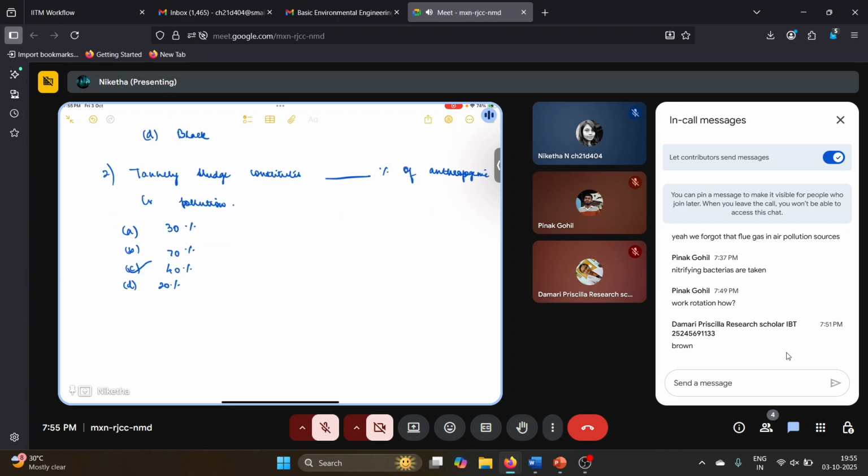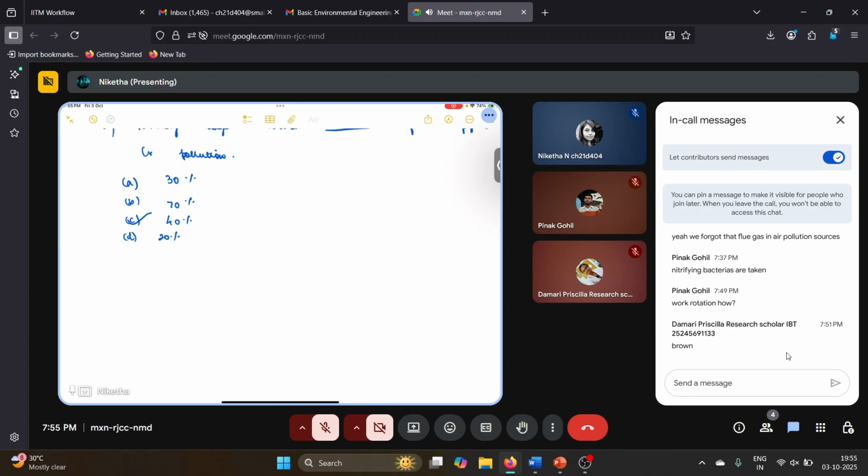This is because biological processes will not work for treating chromium, and it cannot be used in agriculture or any other reuse. And incinerating the chromium containing waste will make chromium come out as gas, so that will cause air pollution. So tannery sludge will contribute 40% of anthropogenic chromium pollution.